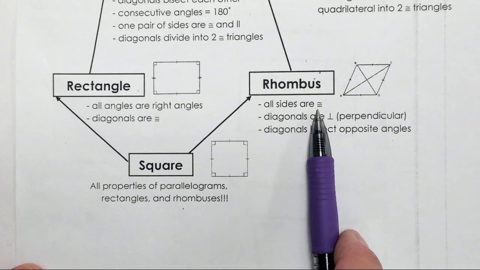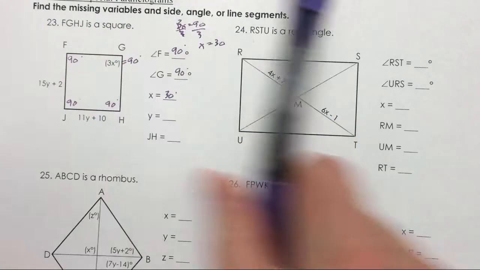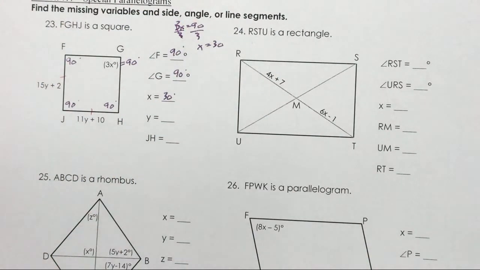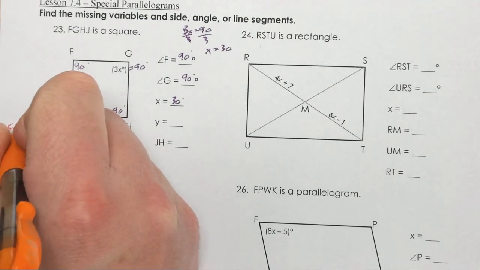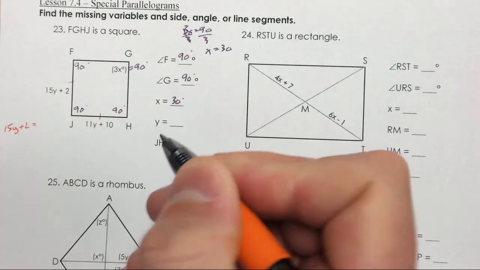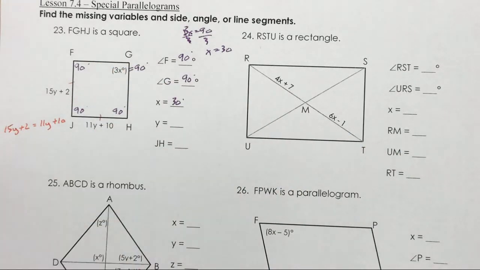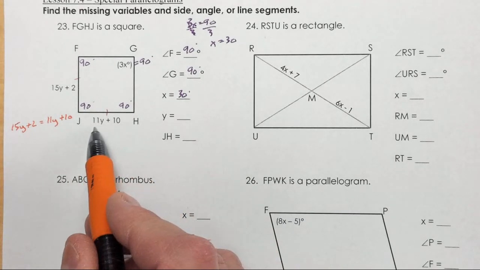That's the property of a rhombus. So all the sides are congruent, and if you look at the picture for squares, all these sides are congruent. So I know that this side and this side are going to be congruent to each other. So that's the math here. I can set 15y plus 2 equal to 11y plus 10. And the goal is to solve for y. And then once I know y, we can plug it back in to find the length of JH.